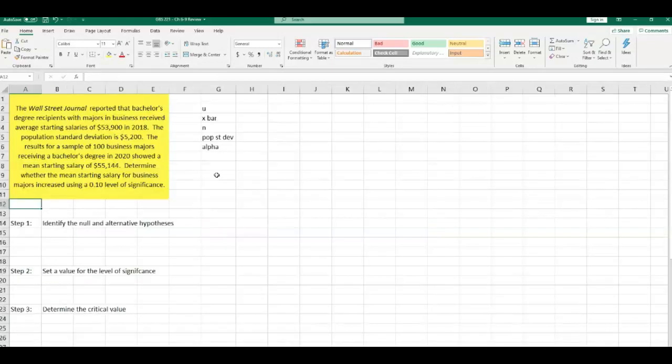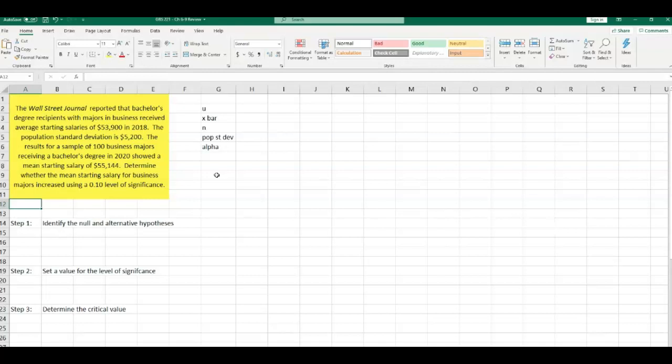So our last question here is another hypothesis test. It's going to be slightly different though than what we just worked on in question number 4. So this one says that the Wall Street Journal reported that bachelor's degree recipients with majors in business received average starting salaries of $53,900 in 2018. The population standard deviation is $5,200.